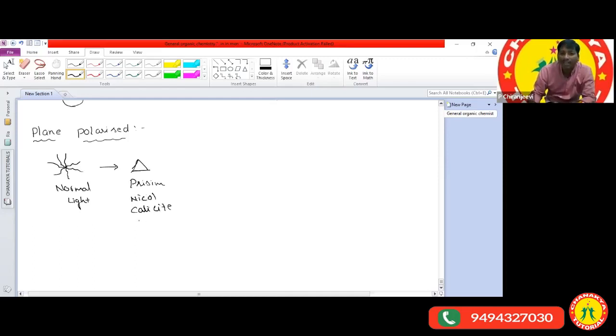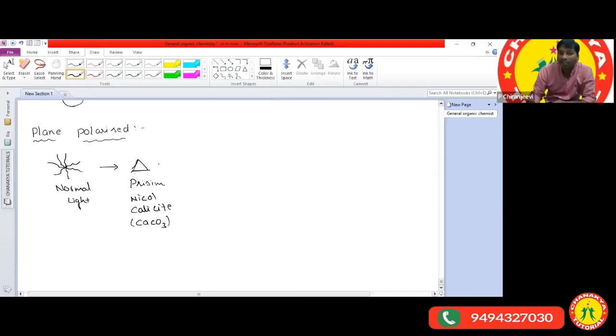What is meant by calcite here? Calcite is nothing but calcium carbonate. So we are passing normal light through the nickel prism, which is made up of calcite.